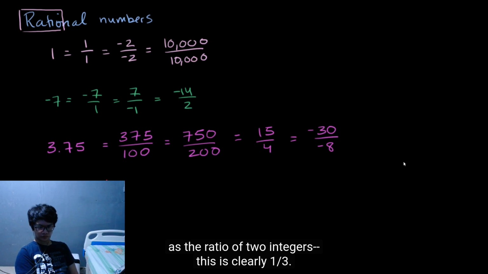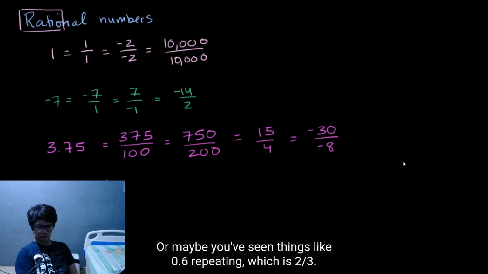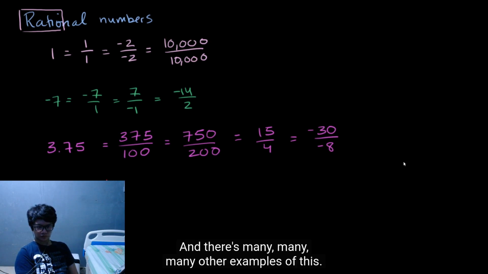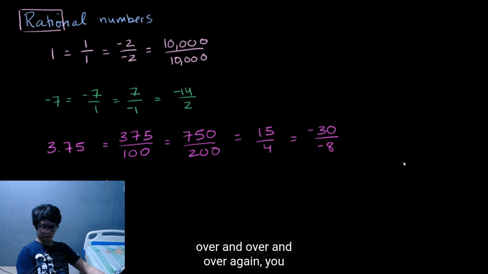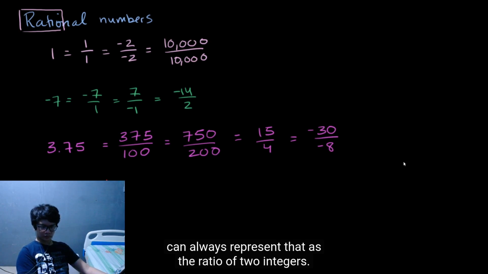This is clearly 1 over 3, or maybe you've seen things like 0.6 repeating, which is 2 over 3. And there's many other examples of this. We'll see any repeating decimal, not just one digit repeating, even if it has a million digits repeating, as long as the pattern starts to repeat itself over and over again, you can always represent that as the ratio of two integers.